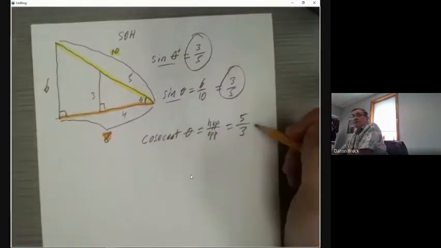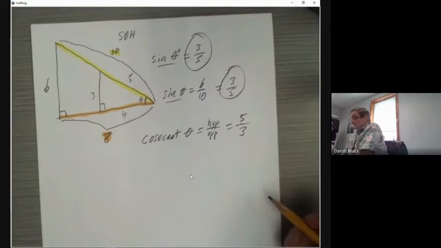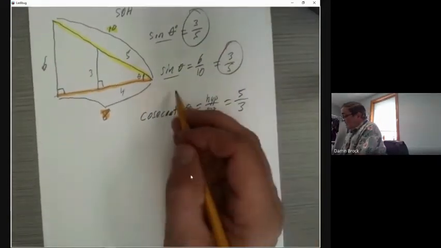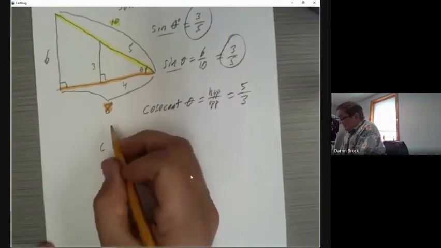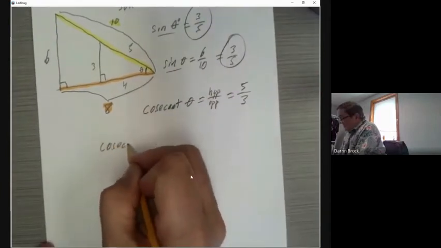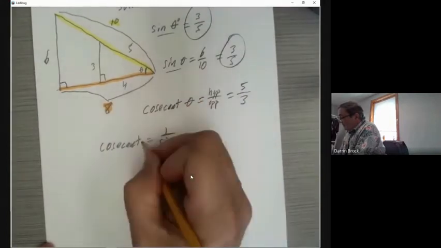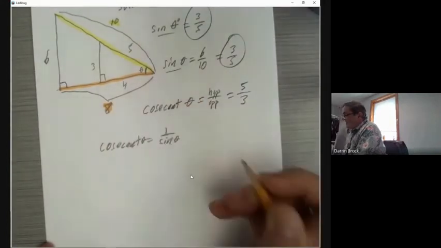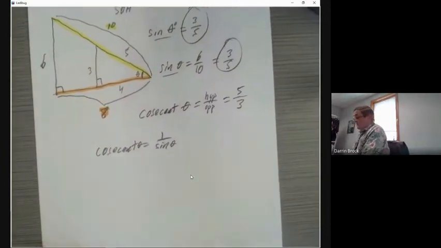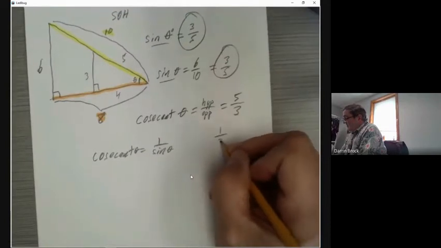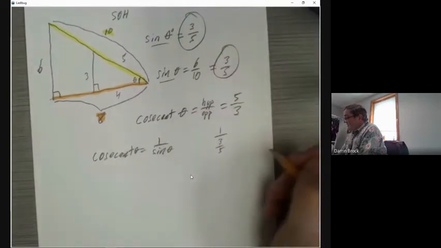Notice it's the reciprocal of the sine. Sometimes you'll see it written like this: the cosecant of theta is the same as 1 over the sine of theta. And in this example, 1 over 3/5 is the same as 5/3.